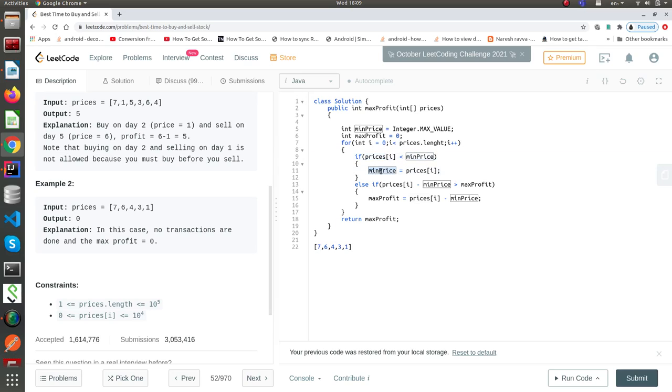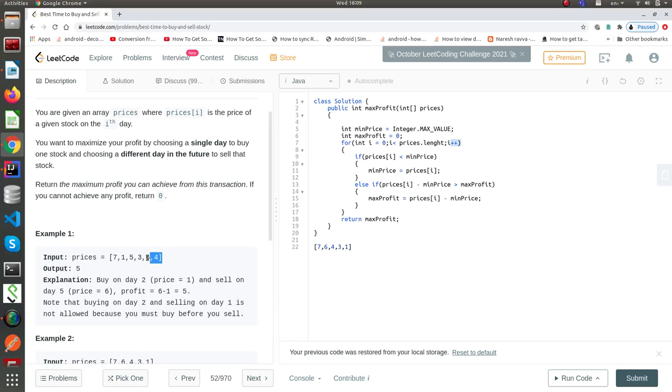Yes it is, so the min price will be 7 here. Then i increases, and the value of i will become 1.